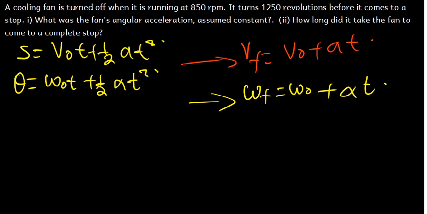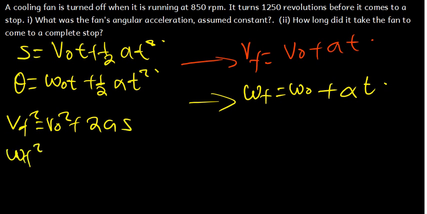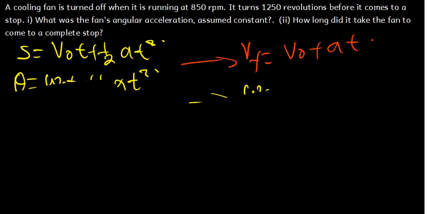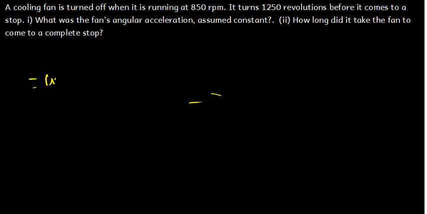Then v final squared is v initial squared plus 2as, so the angular final squared is the angular initial squared plus 2 alpha theta. These are the formulas we will use, showing the relationship between translational motion and rotational motion.